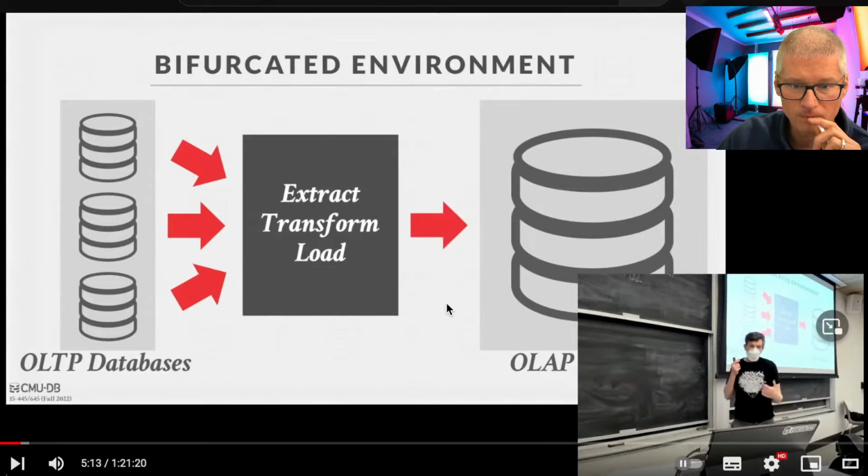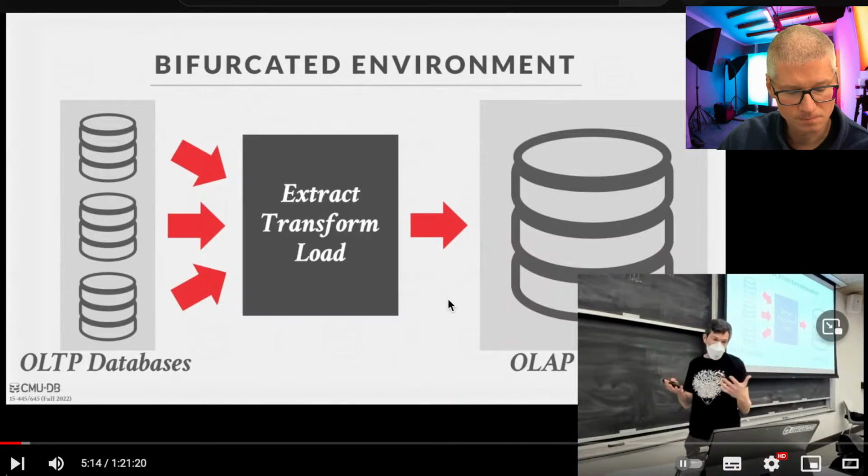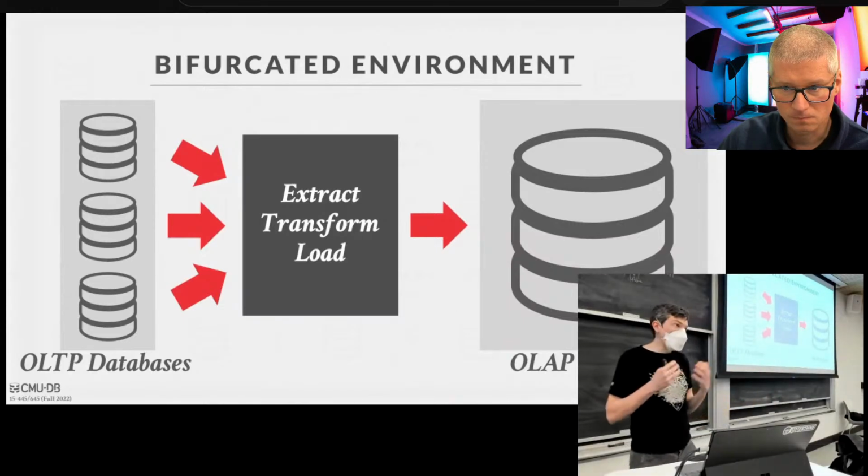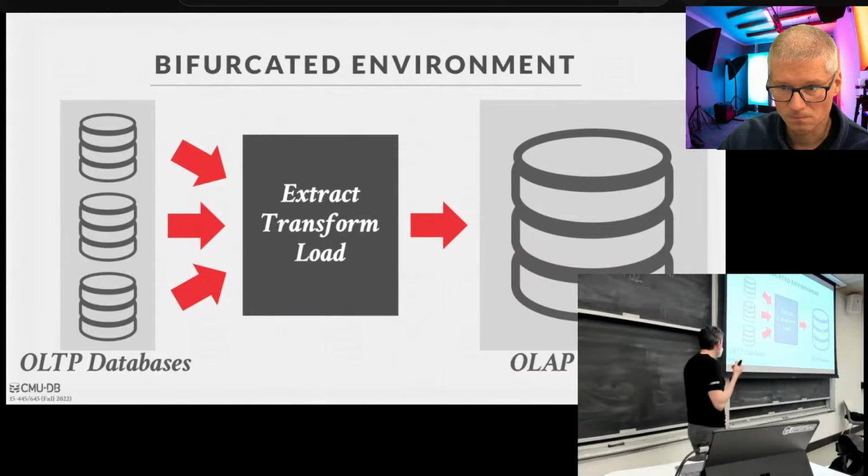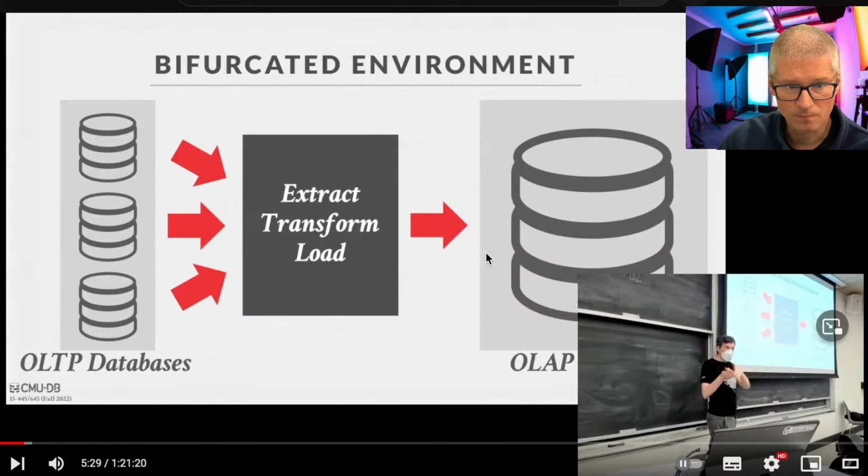The reason why you have to do this cleanup and transform process is that oftentimes the schema or the naming of things in these different OLTP databases will be different from one database to the next. So the example I always like to use is Zynga. Zynga buys a lot of these different phone apps, and they usually leave the front-end database alone.